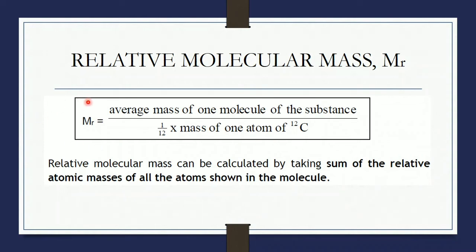Relative molecular mass is also a ratio, but now we are comparing the mass of one molecule to 1/12 of the mass of one carbon-12. Normally we can calculate relative molecular mass by taking the sum of the relative atomic mass of all atoms shown in the molecule. So to find the average mass of one molecule, we need to take the sum of all the relative atomic masses of the atoms.